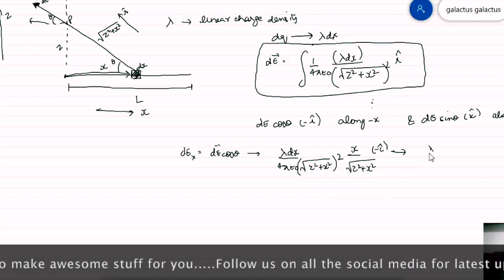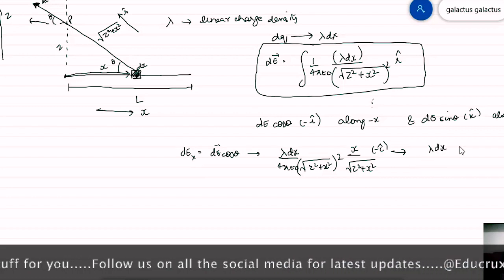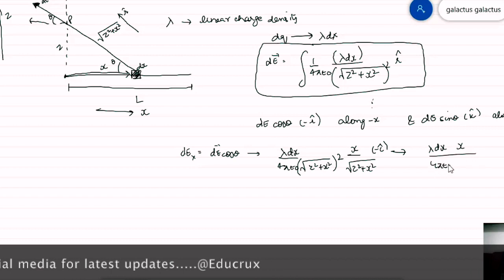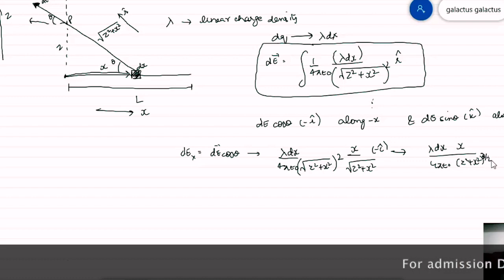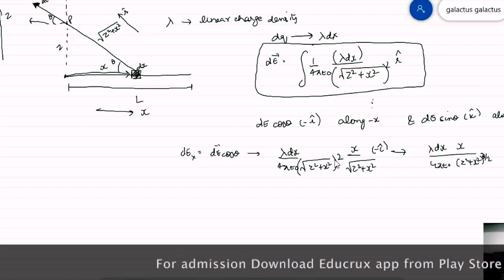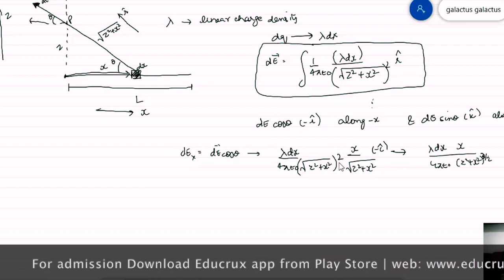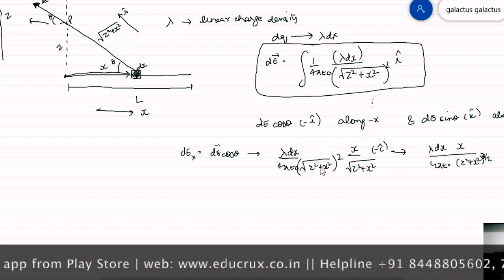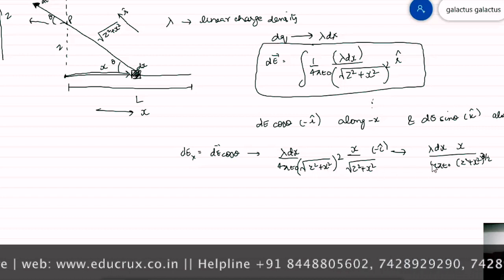Okay, so this is lambda x dx upon 4 pi epsilon naught z square plus x square to the power 3 by 2, because the square gives 1, and this 1 plus 1 by 2 is 3 by 2.